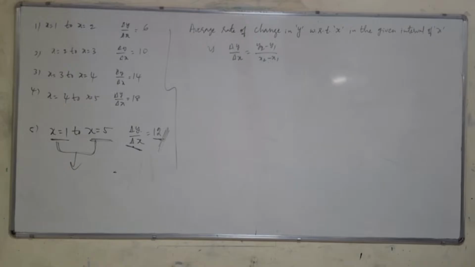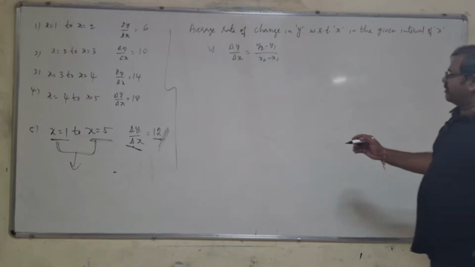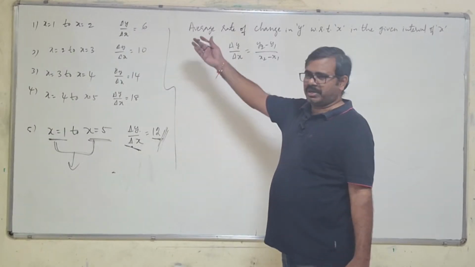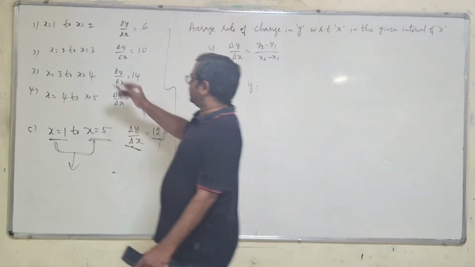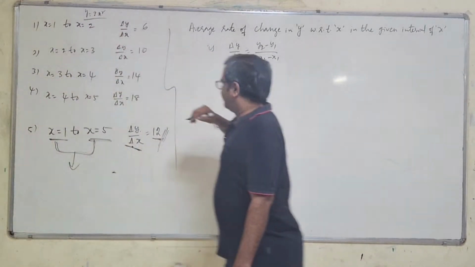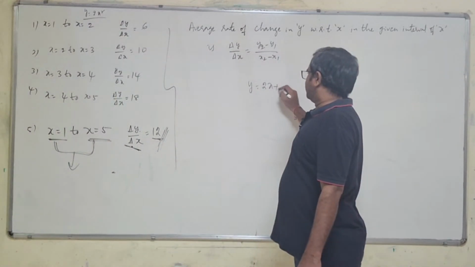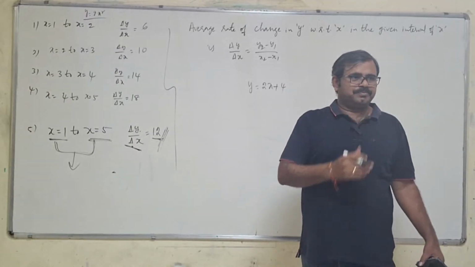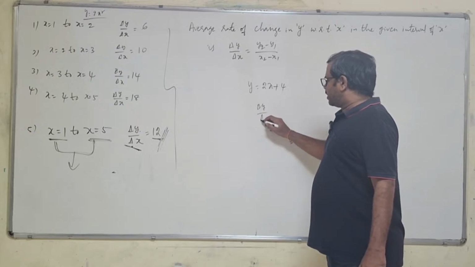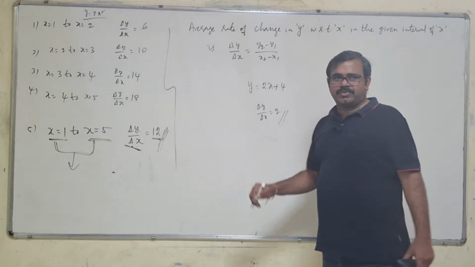Okay. In the first example that we discussed, what was the example? Before y is equal to 2x square, which function did we do? Y is equal to 2x plus 4. In this case, take whichever the interval, you get delta y by delta x is equal to 2.